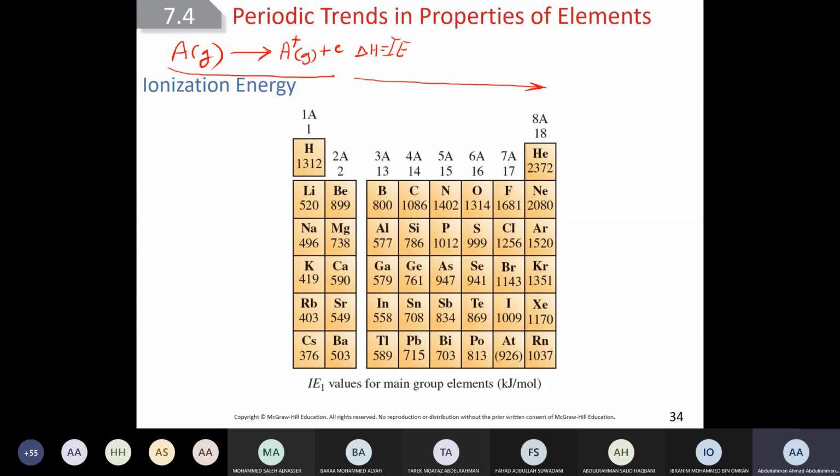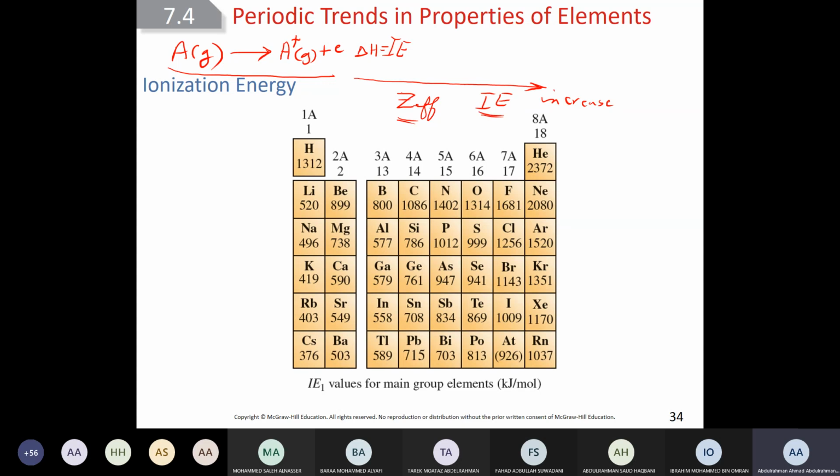Is this clear? Good. Now, as you go across the periodic table, what's happening to Z effective? Increase. What is happening to ionization energy? It will increase also. Why? Because we have more Z effective and ionization energy will increase.